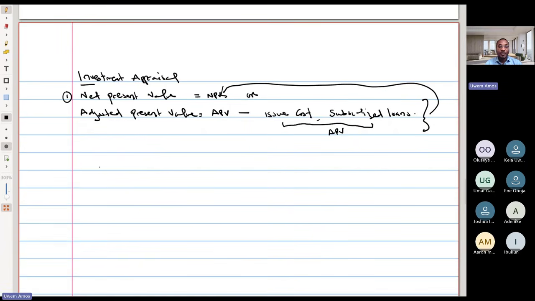Now, APV rather. APV would basically split the evaluation of the performance of the proposed investment into two. The first aspect is what is called the base case NPV. The base case NPV is primarily focused on the business performance and business risk.